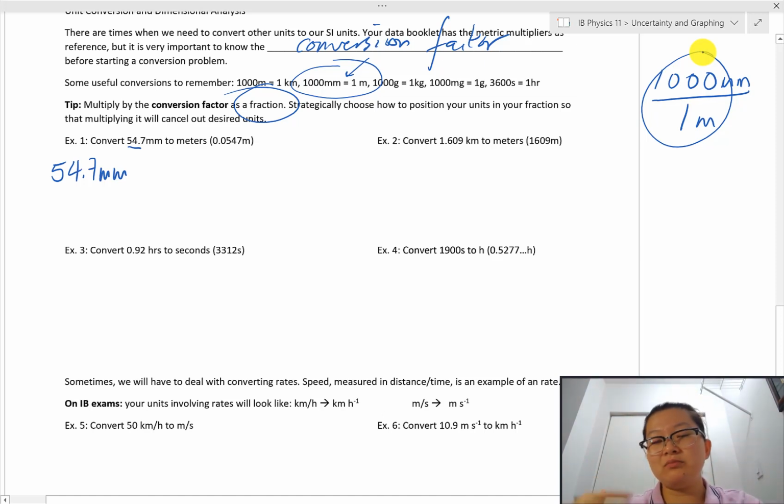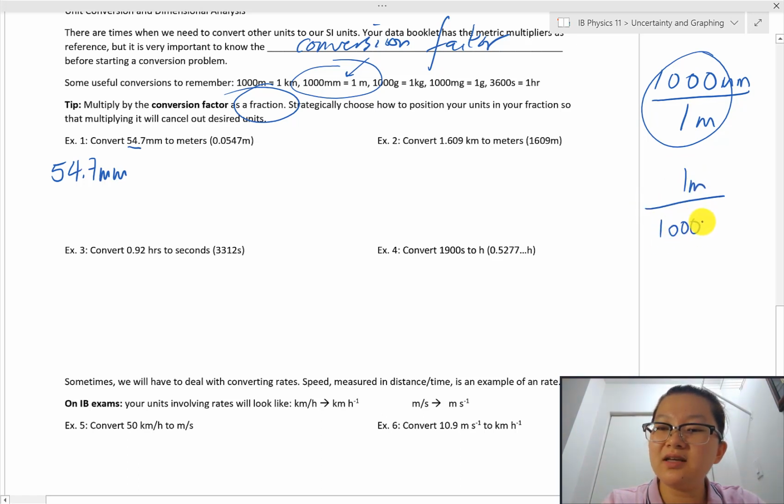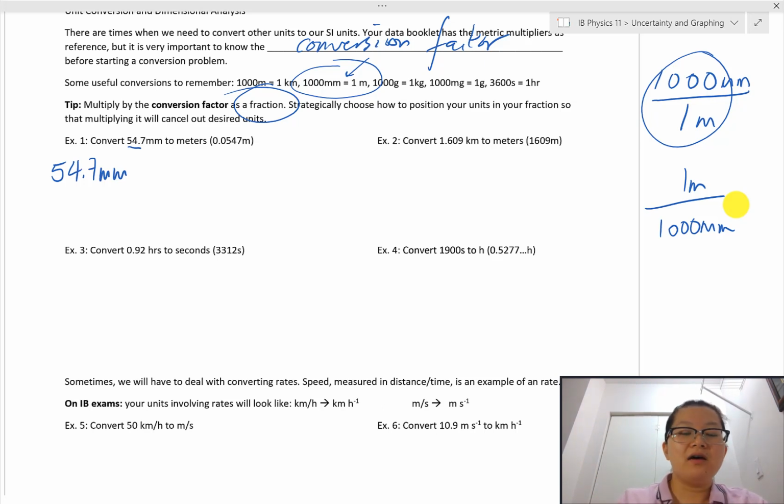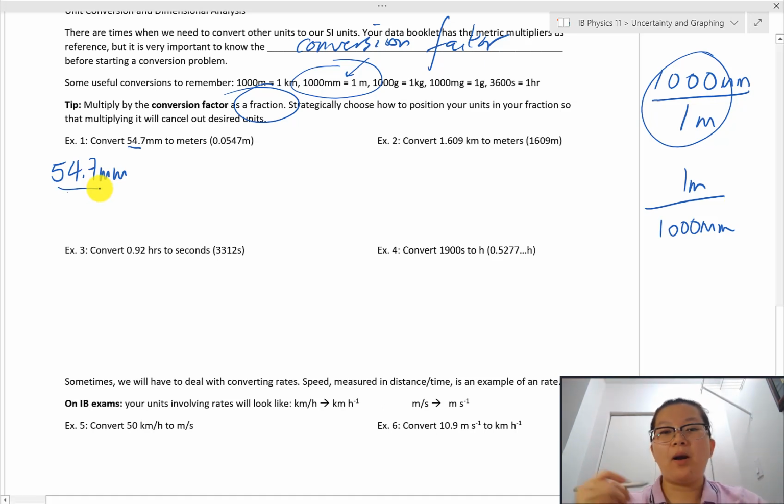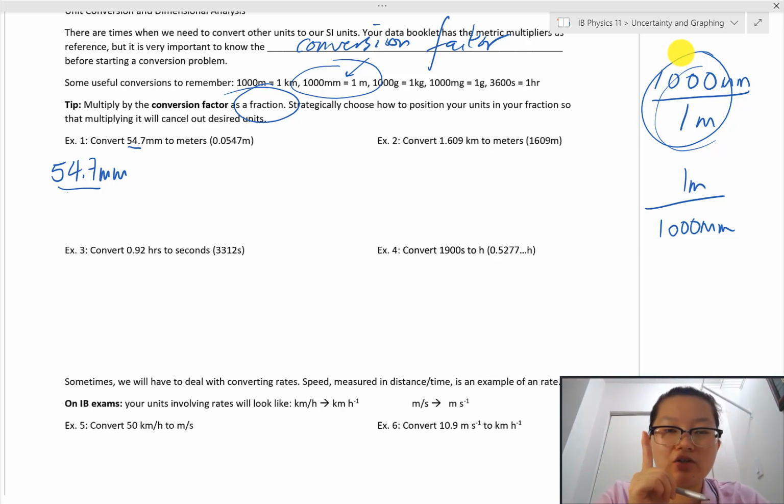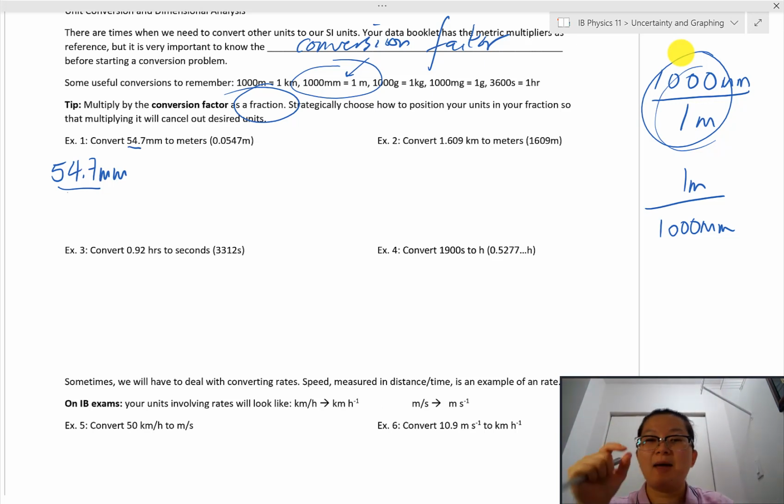It doesn't matter if I put meters on top or millimeters on the bottom, since they are the same thing, they're still going to give me 1. So I'm going to multiply my original number by this fraction, and since the fraction is equivalent to 1, multiplying anything by 1 doesn't change it. It doesn't matter which one I put on top or on the bottom.